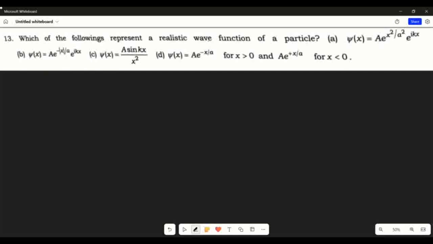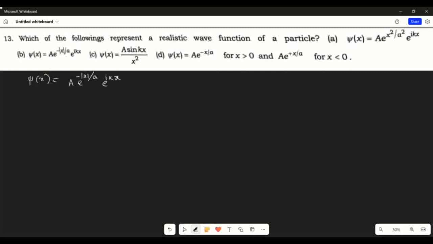So now let's move to part B of this question, and part B is psi x equals a e to the power minus mod x divided by a and exponential ikx.